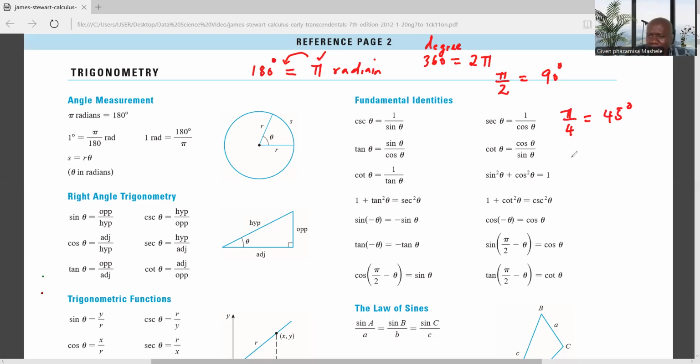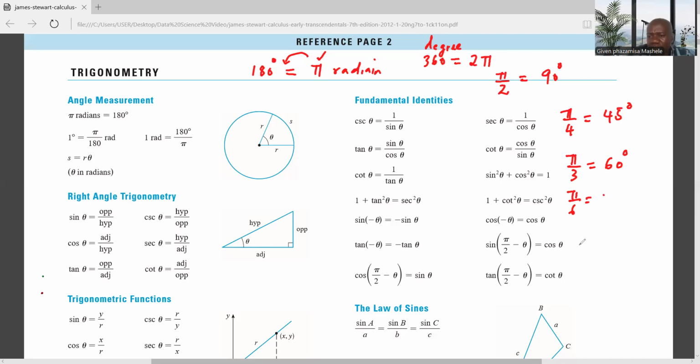How about pi over 3? It's 180 divided by 3, which is just 60 degrees. How about pi over 6? It's 180 divided by 6, which gives us 30 degrees.